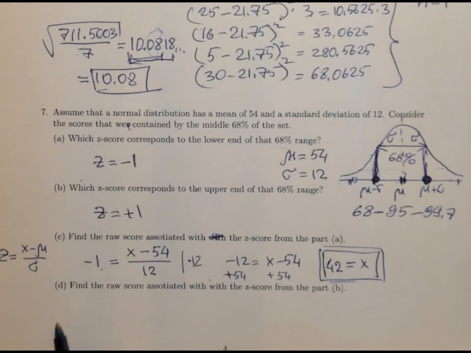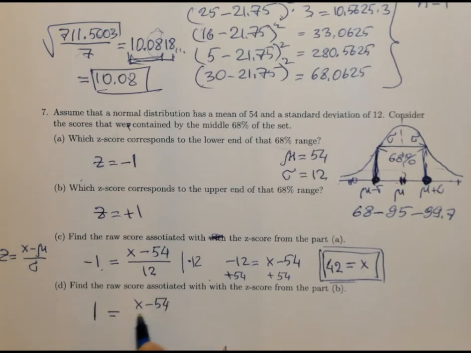And in the second situation, the upper end, the z-score is 1, the rest is the same. 1 equals x minus 54 over 12. We solve in the same way. We multiply by 12, the denominator, and get the equation without fractions, so 12 on the left and x minus 54 on the right.